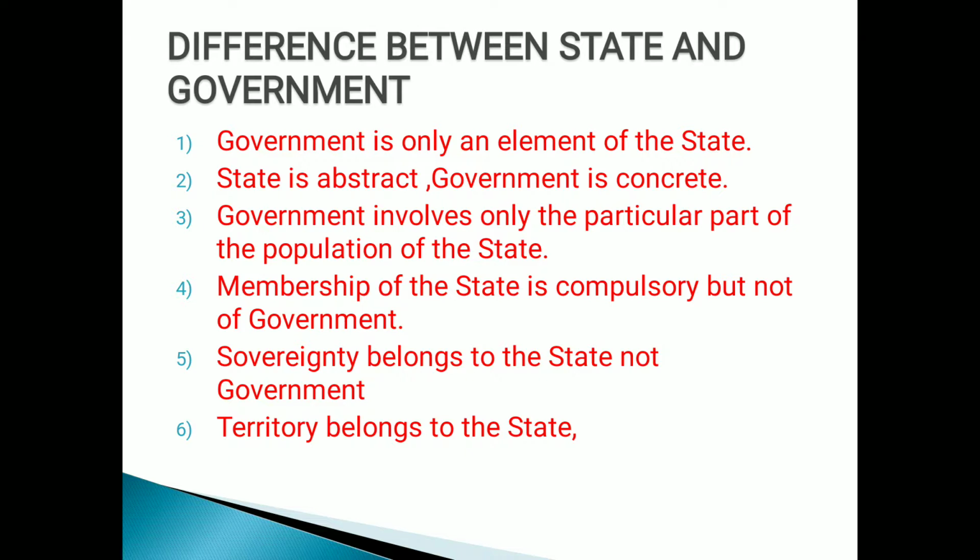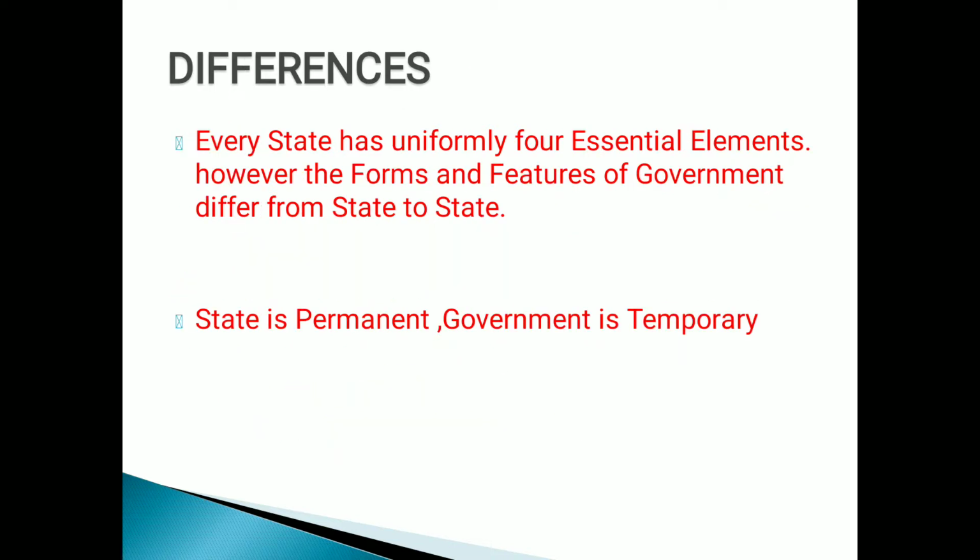Then if you see, every state has uniformly four essential elements. However, the forms and features of the government differ from state to state. Right, children? This I have already explained. Now, if you see, state is permanent and government is temporary.